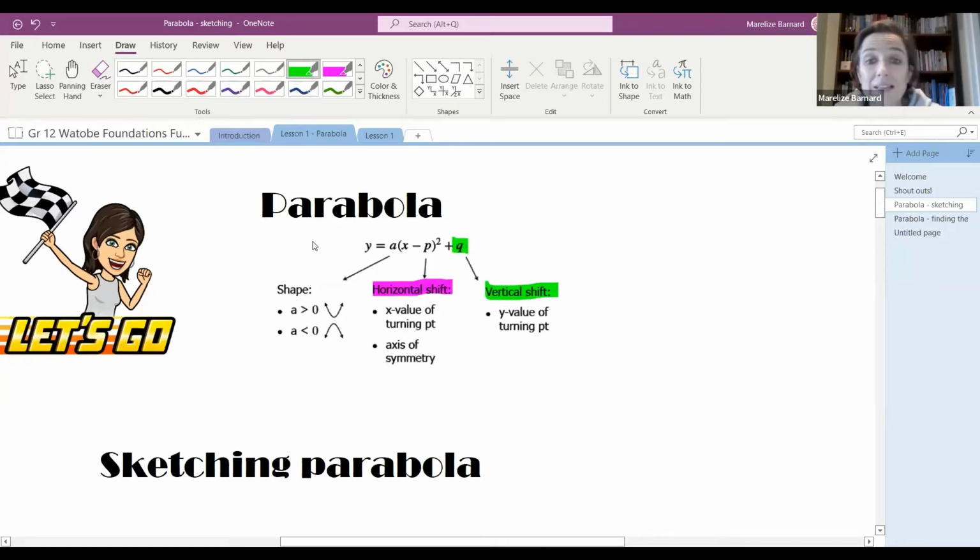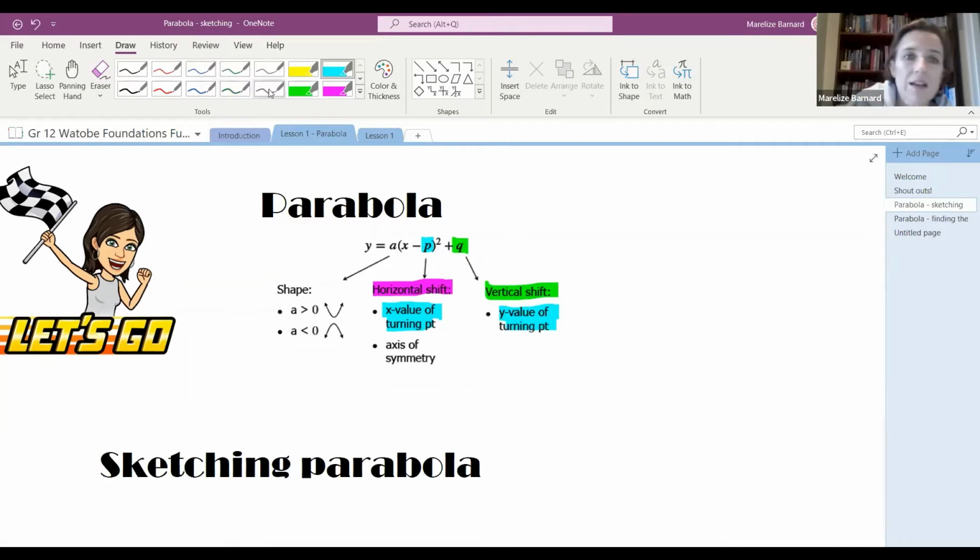But they also mean other things, because the P is also the x value of your turning point. Okay, so that's very important. The x value of your turning point is also your P, and your Q is the y value of your turning point. So that's why we call this the turning point form of the parabola.